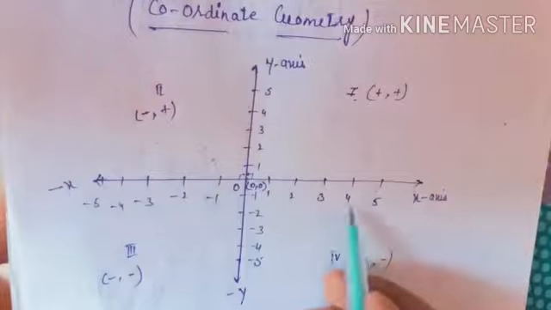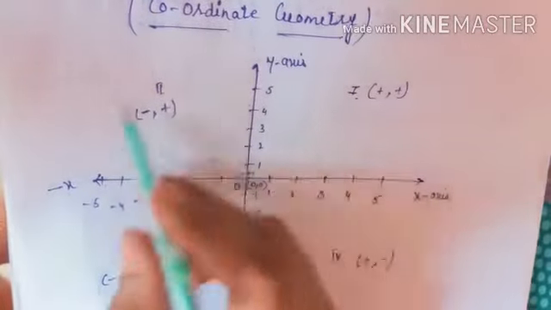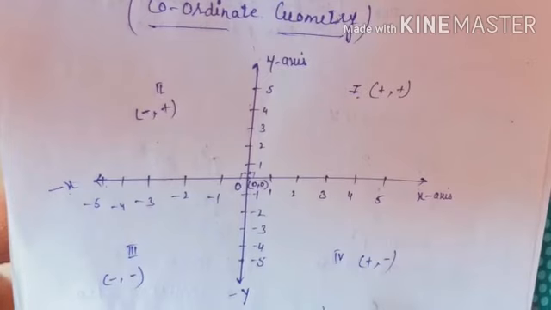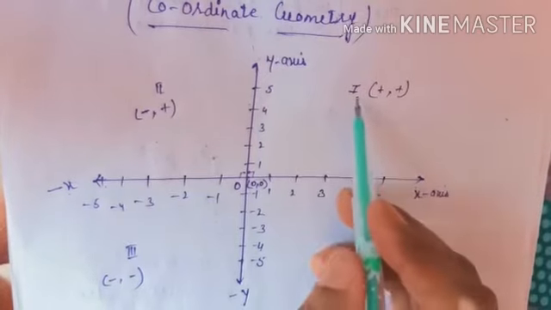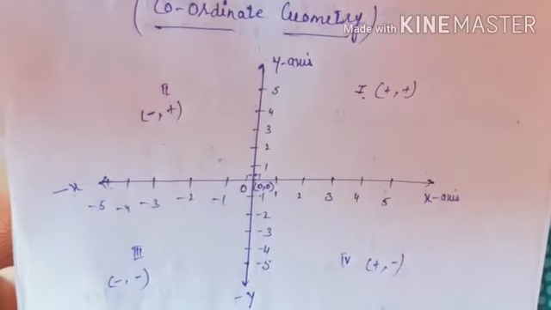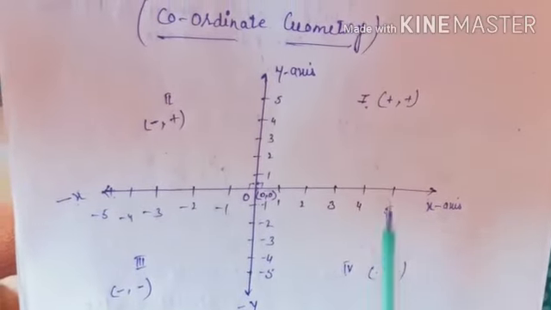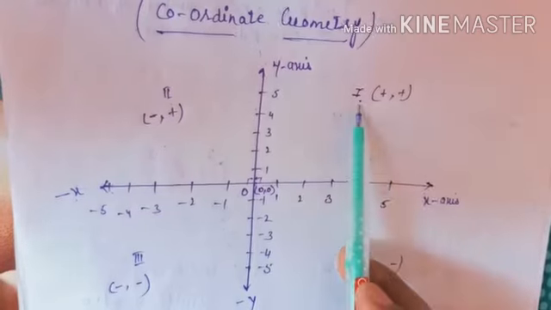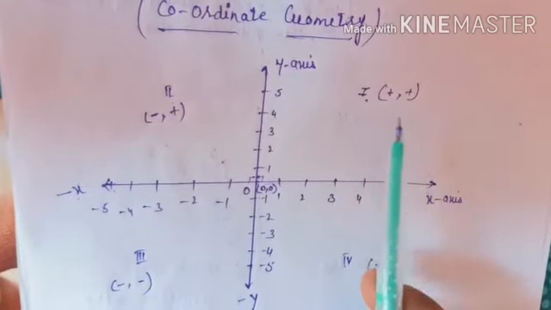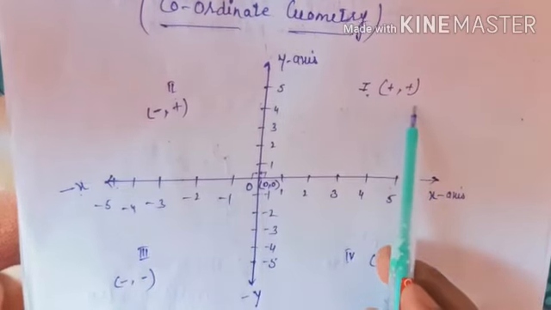Yes beta, the x-axis and y-axis divide this plane into 4 parts, and these parts are known as quadrants. This is the first quadrant, this is the second quadrant, this is the third quadrant, and this is the fourth quadrant. In the first quadrant, both the x coordinate and the y coordinate are positive.